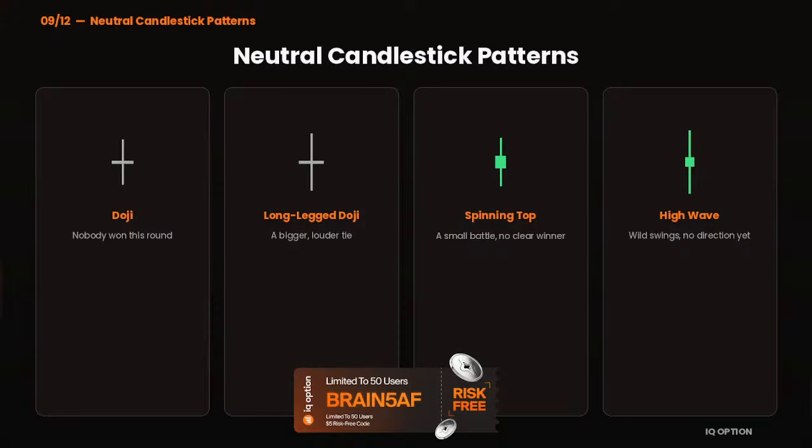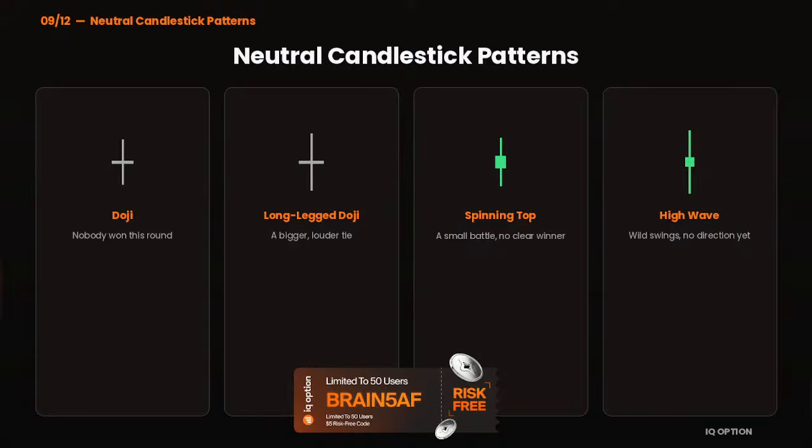And then the last in line is the high wave. A high wave is similar to a spinning top, but with much longer wicks on both sides, just like the long-legged doji and the doji. It shows wild and aggressive swings in both directions within a single candle. And this signals real uncertainty in the market.